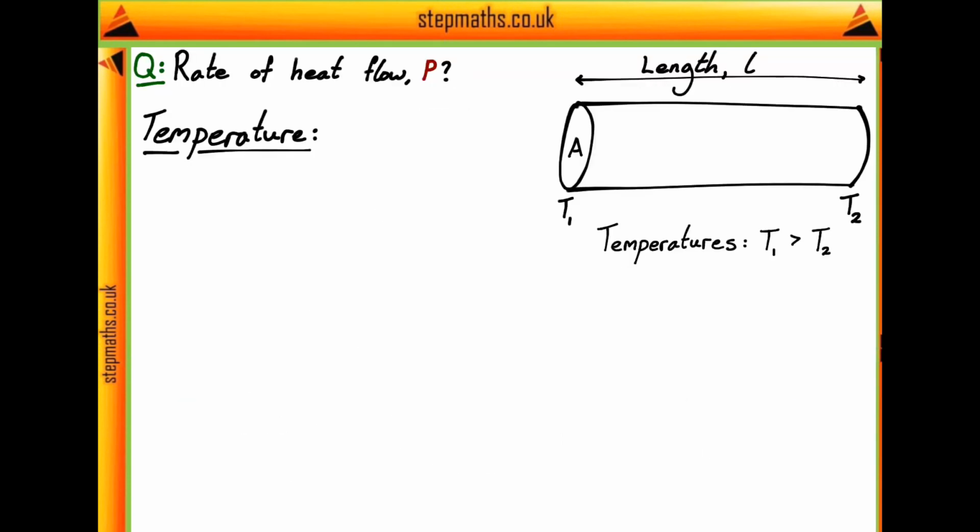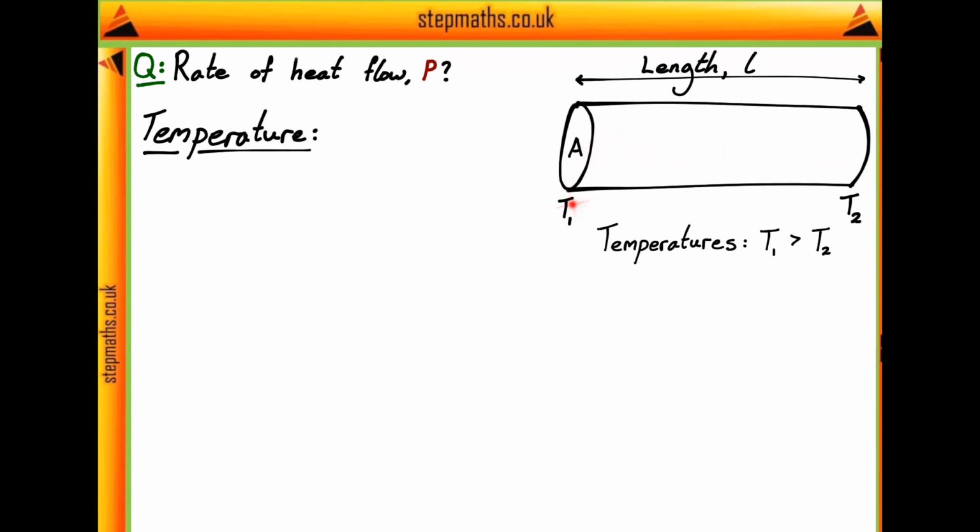Okay, so let's first think about the temperature. You can imagine with a metal rod that if we had two ends at extremely different temperatures, so one end was really hot and one end was really cold, then the rate of heat flow would be quite rapid, right? We'd expect the hot end to transfer a lot of heat quite quickly to the cold end.